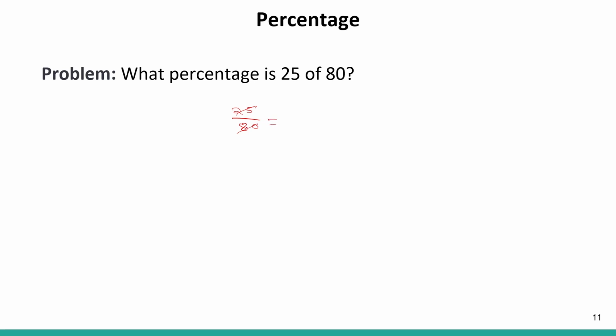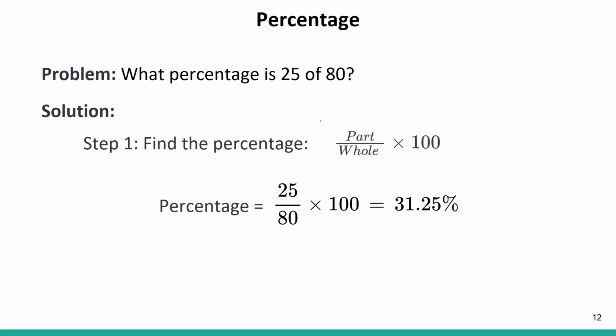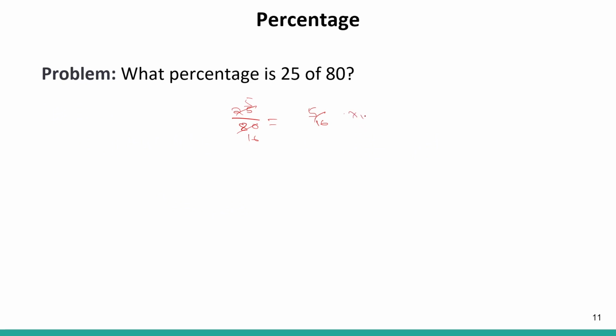In percentage it will be, dividing by 5, 5 by 16. So 5 by 16 is the simplified fraction. So what you do is you get part by whole into 100. So multiply this by 100. So this will be 4, 25, and then what you have is 125 by 4.